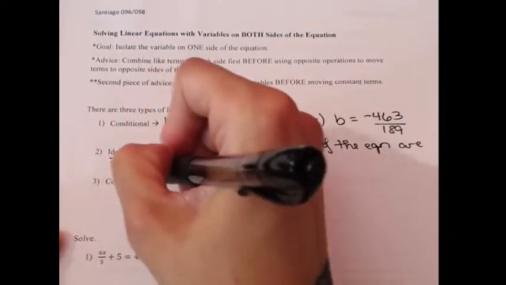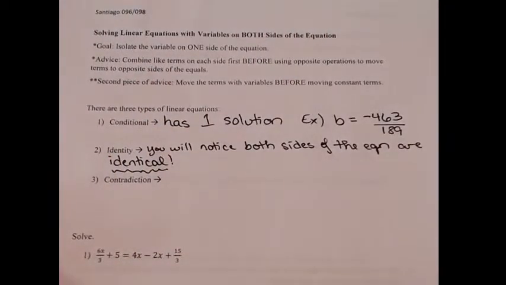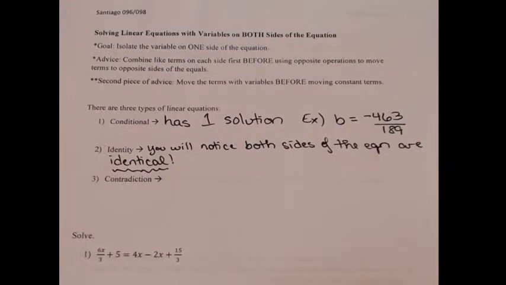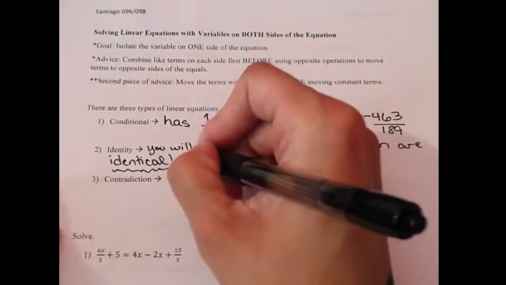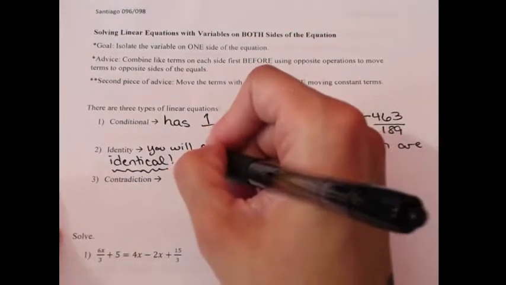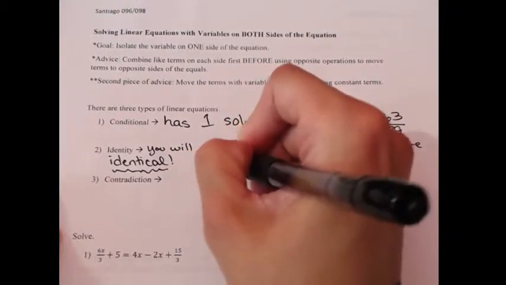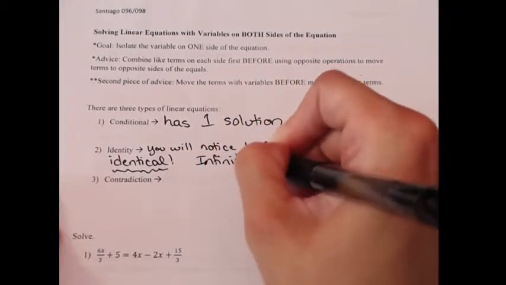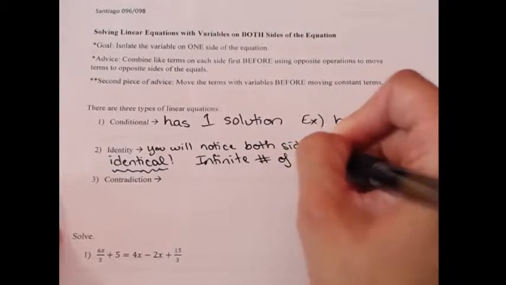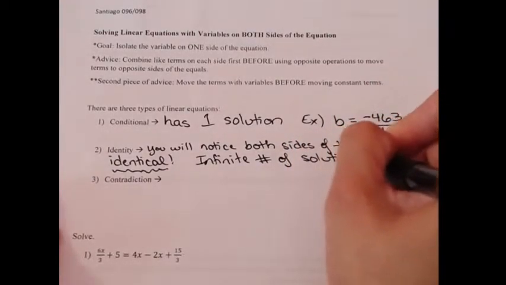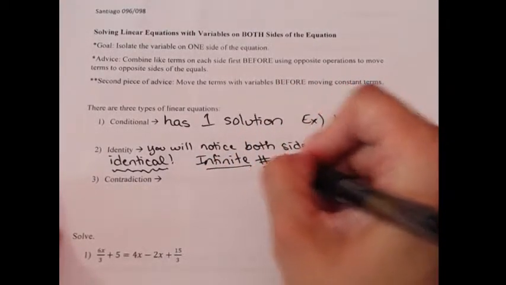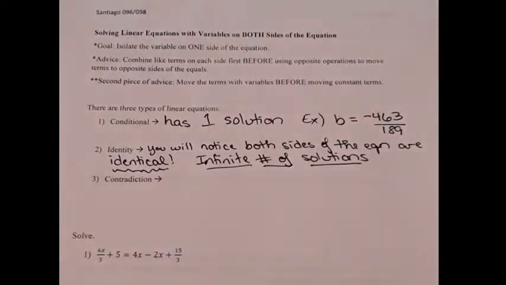Okay, that's super, super important. Both sides of the equation are identical. If at any point you notice that both sides of the equation are identical and you're responsible for solving, you can simply say there is an infinite number of solutions. Okay, that's what you'd end up writing. Infinite number of solutions.